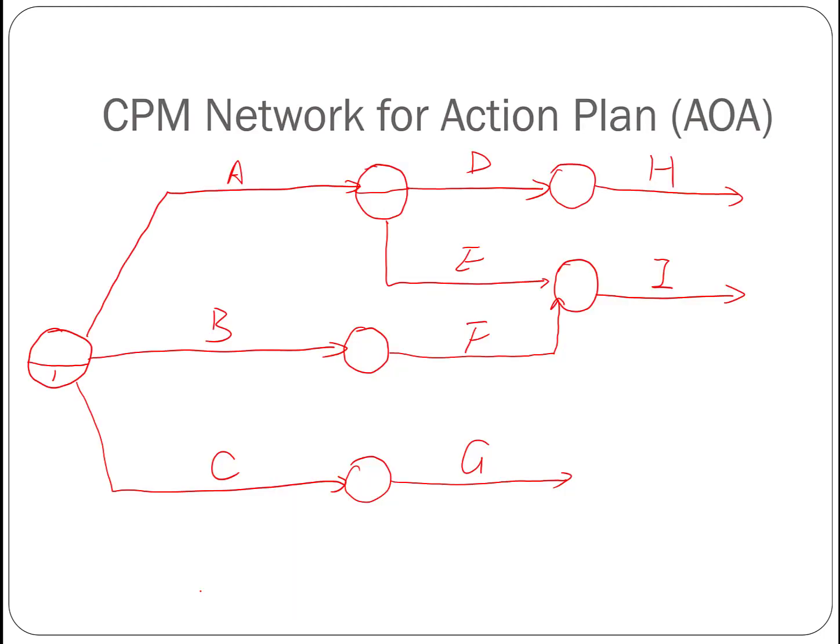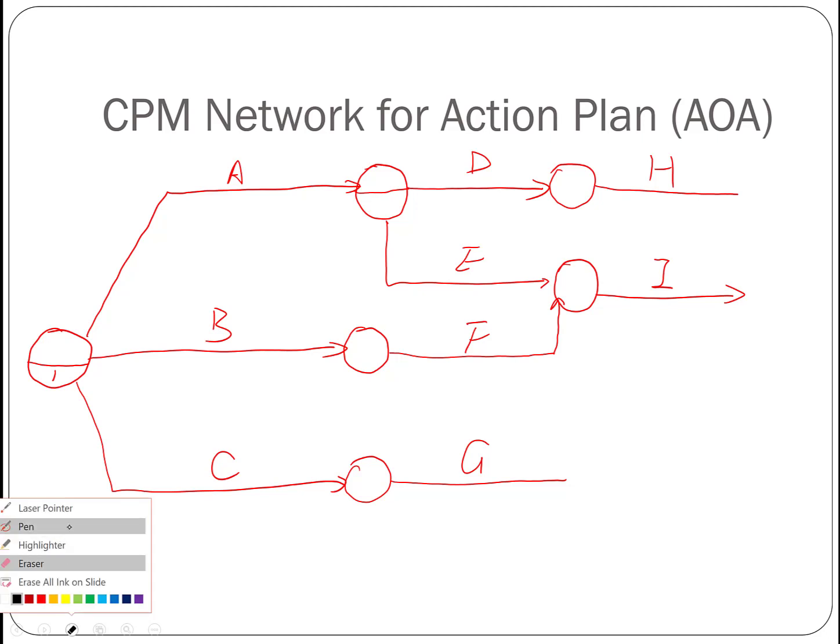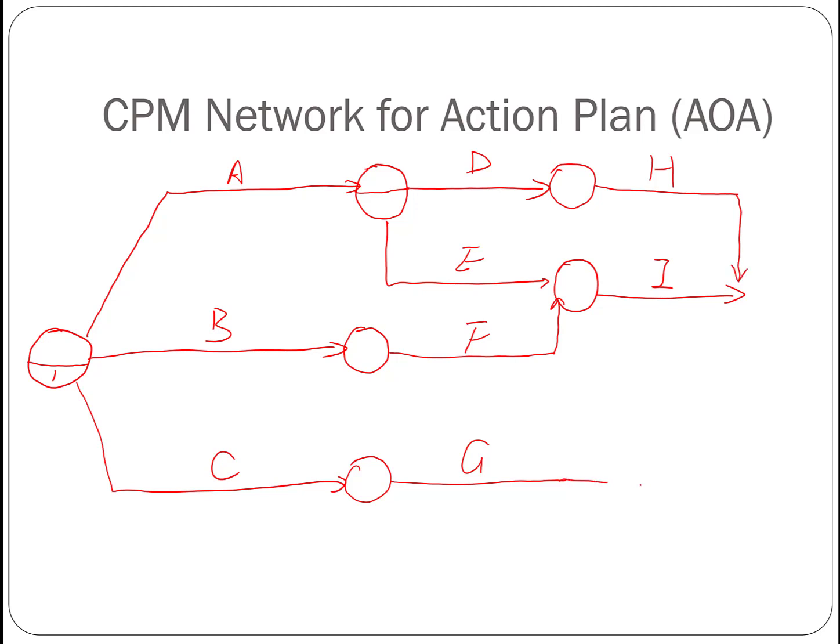So that means H, I, and G are the last activities of this project, and they are going to connect to the same ending node. So I'm going to connect them to the same ending node. So this is the network that we draw following this action plan.